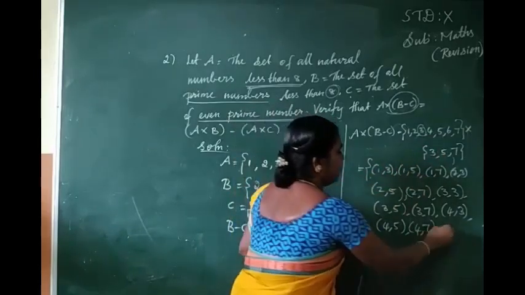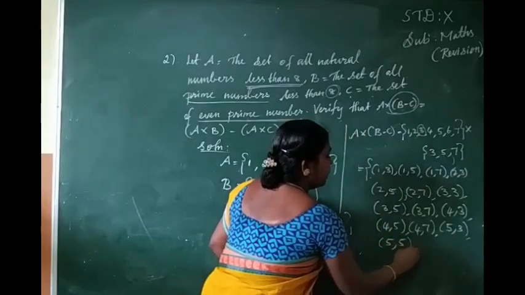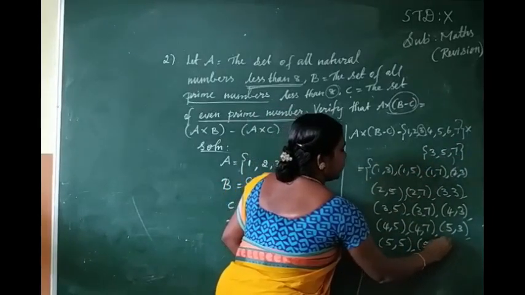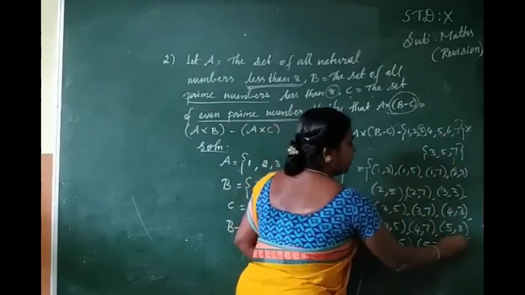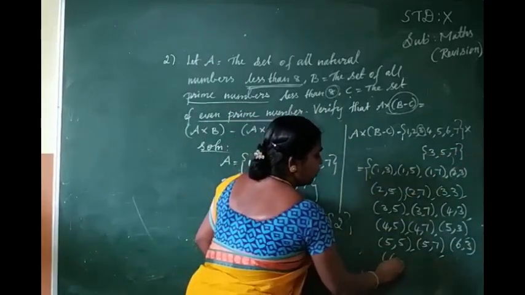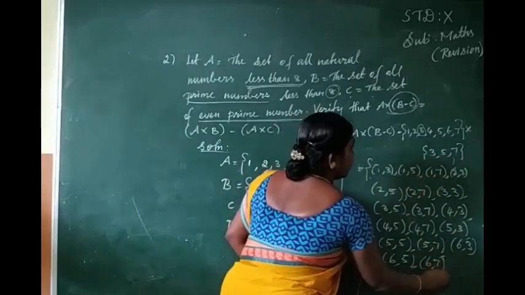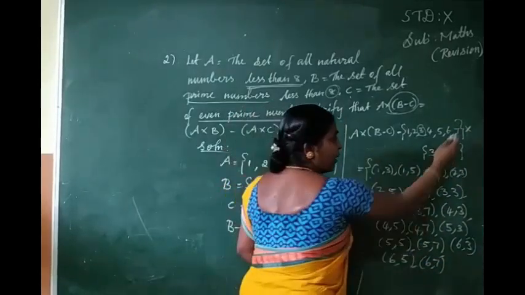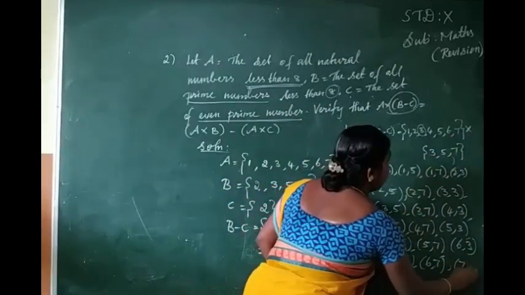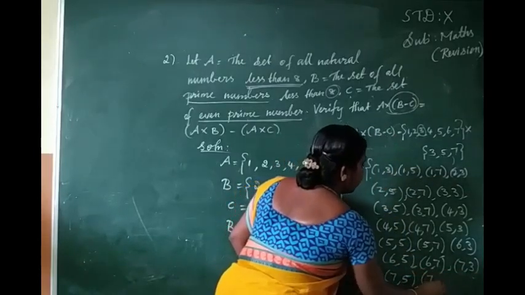Then 5 comma 3, 5 comma 5, 5 comma 7. Then 6 comma 3, 6 comma 5, 6 comma 7. Next 7 comma 3, 7 comma 5, 7 comma 7.